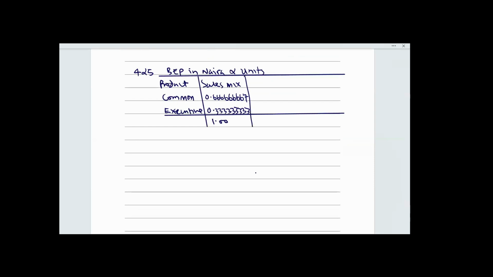All right. After sales mix comes the break-even point in naira, then selling price, then break-even point in units.